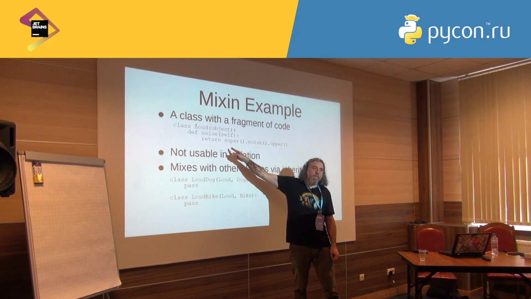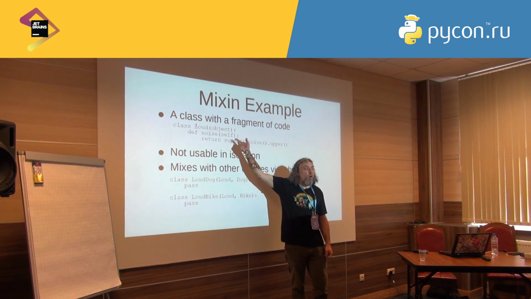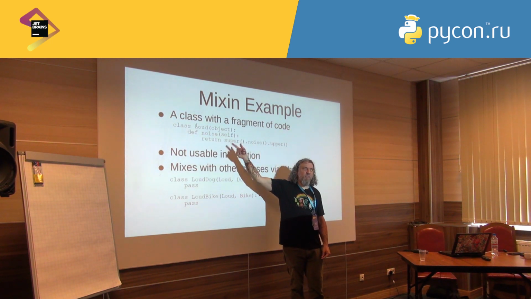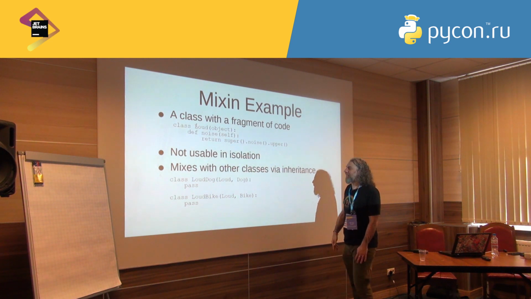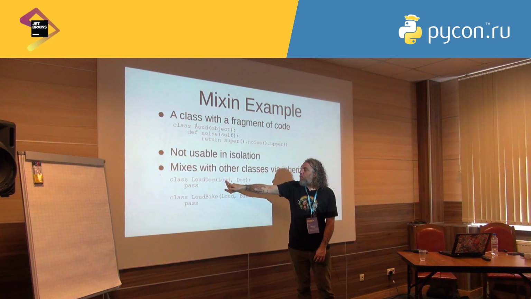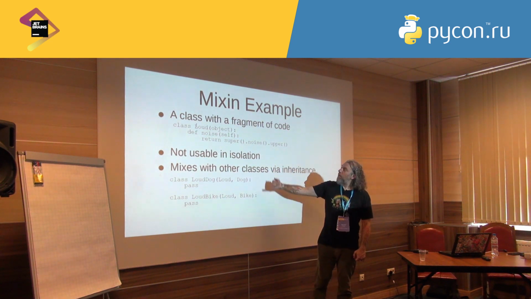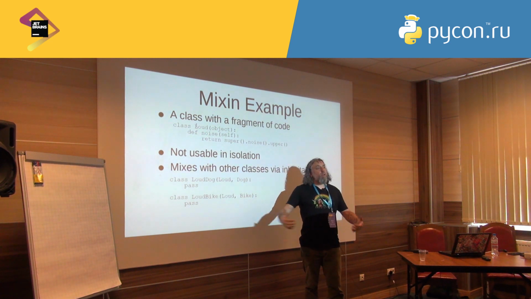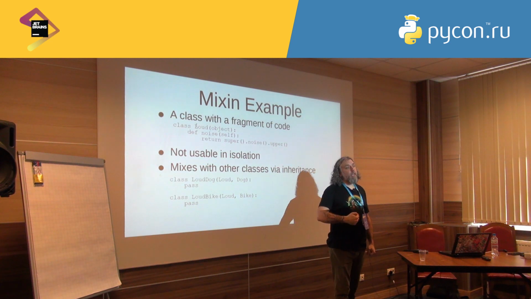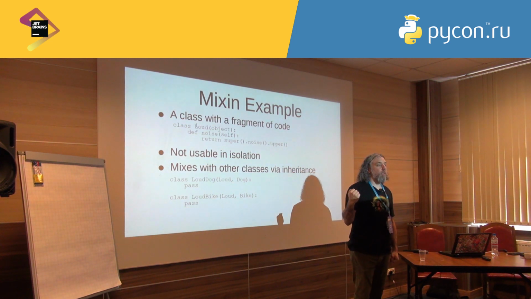Where's the parent implementation of noise? This class is not usable on its own. It's not very testable on its own either, which is another issue. But if we mix it into our dog or our bike class, what the super call actually does is go to the next class in the method resolution order.